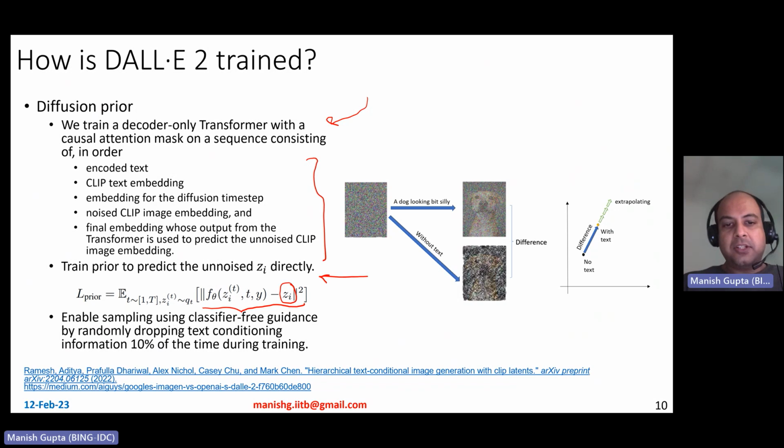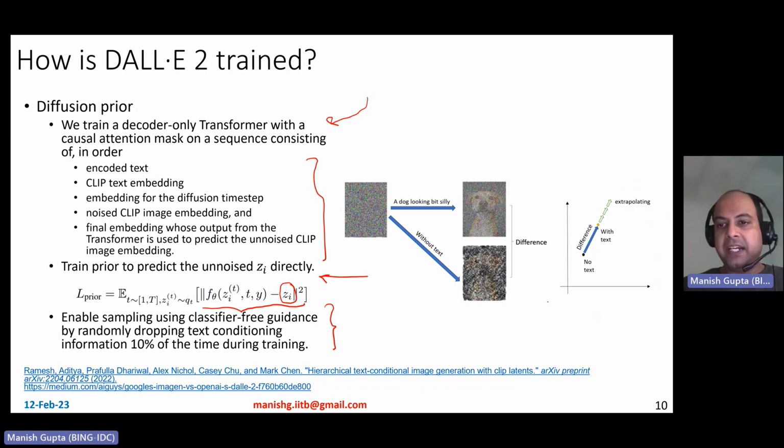Now, these guys also train it with classifier-free guidance, taking learnings from the GLIDE model. This feature is enabled by randomly dropping text conditioning information 10% of the time while training the diffusion prior model.